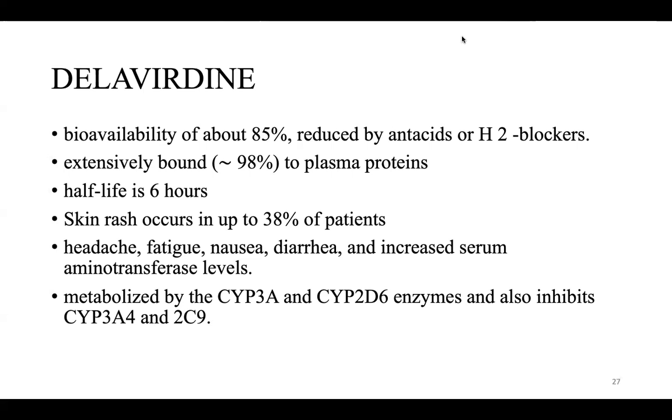It typically occurs during the first weeks of therapy and doesn't preclude retreatment. Other possible side effects are nausea, diarrhea, headache, and increased serum aminotransferase levels. Delavirdine is extensively metabolized by the cytochrome 3A and 2D6 enzymes, and also inhibits 3A4 and 2C9.